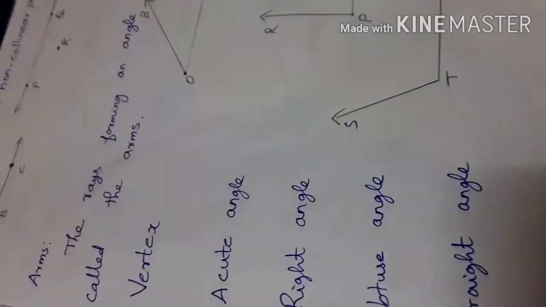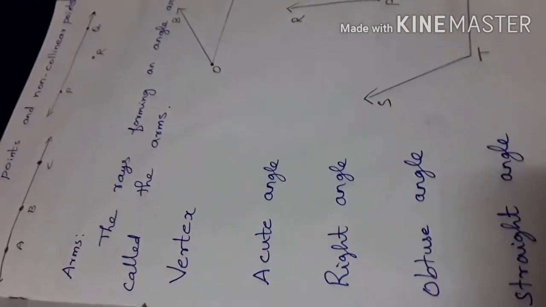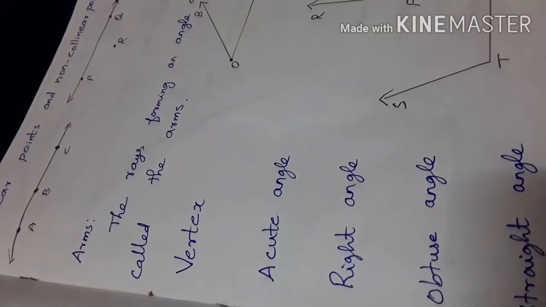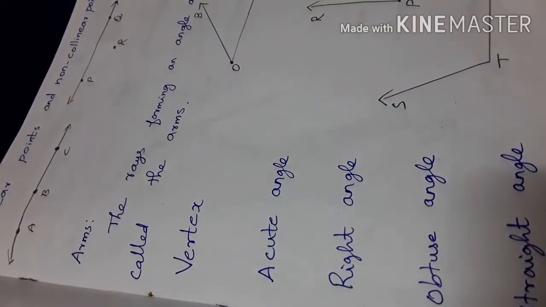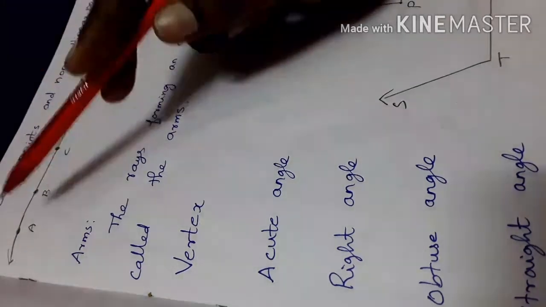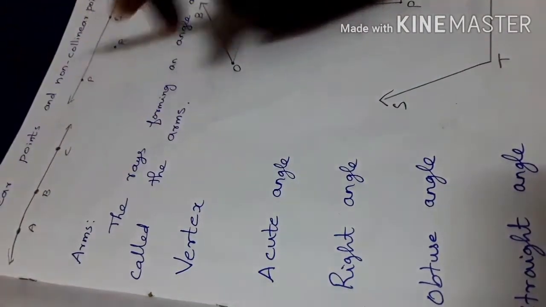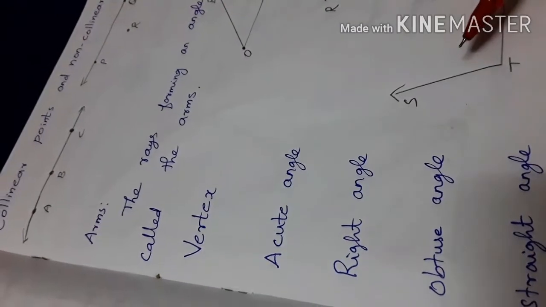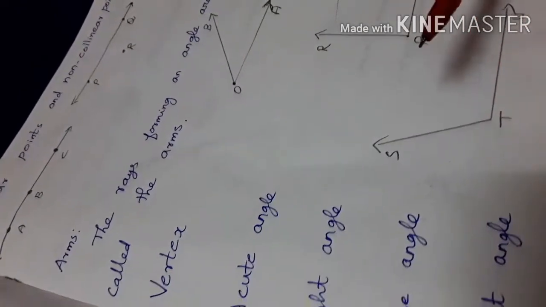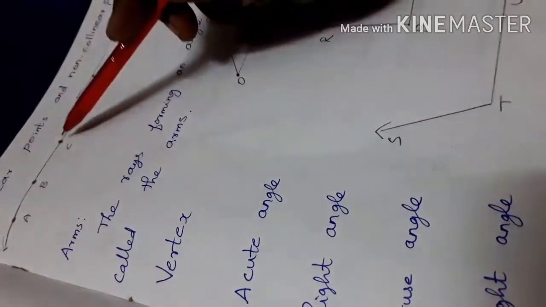Next we are going to see collinear and non-collinear points. What is collinear? If three or more points are in the same line, they are called collinear points.